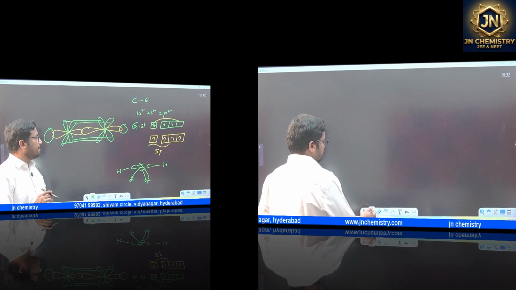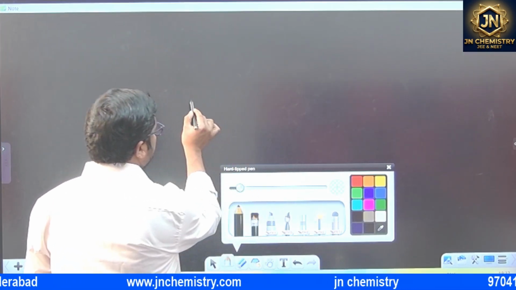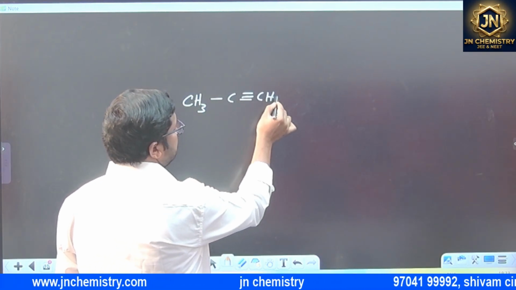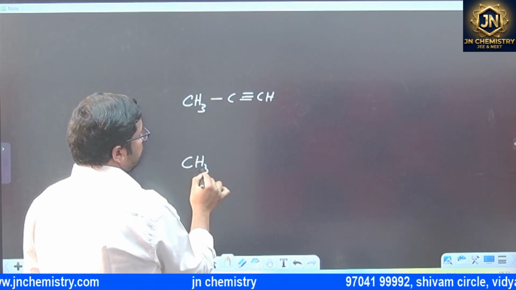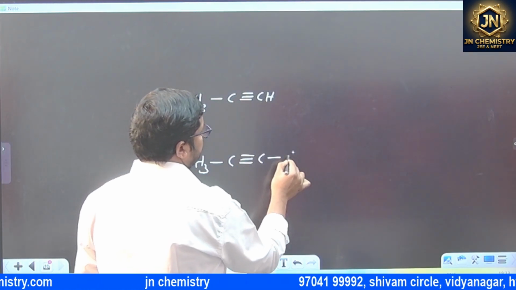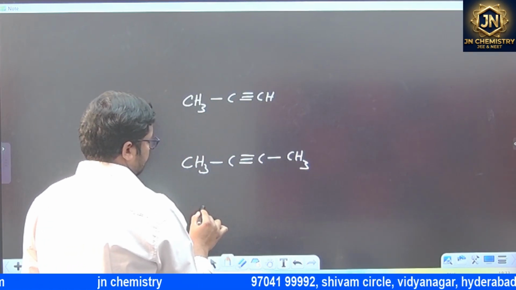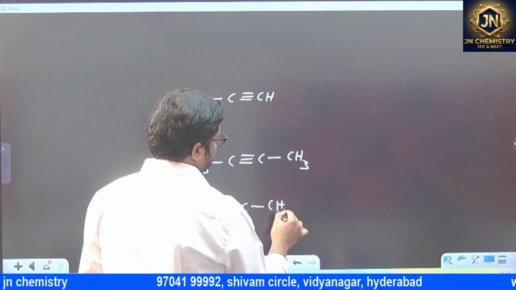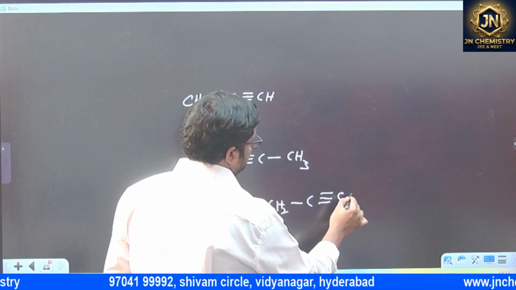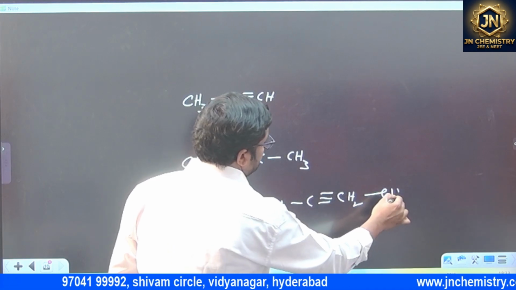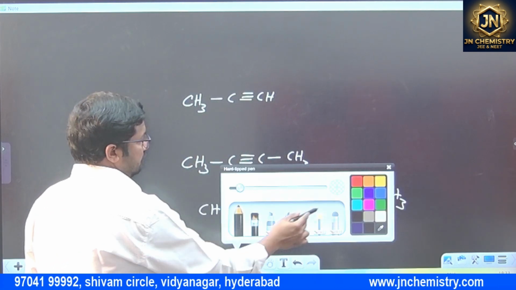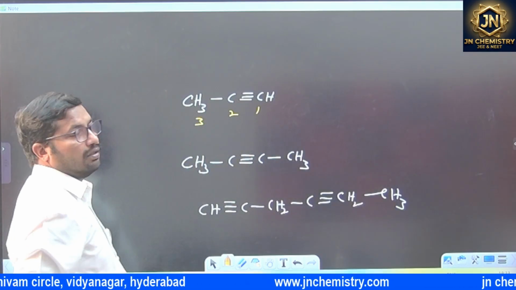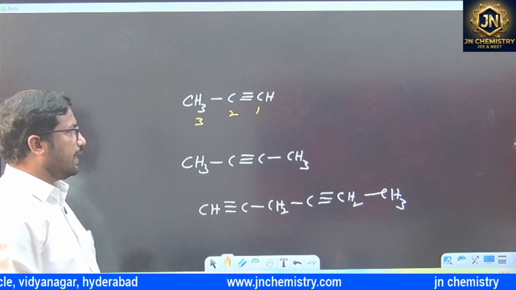Write it down. The nomenclature part we already know, right? CH3, C triple bond, CH. Write the nomenclature. First one, propyne.